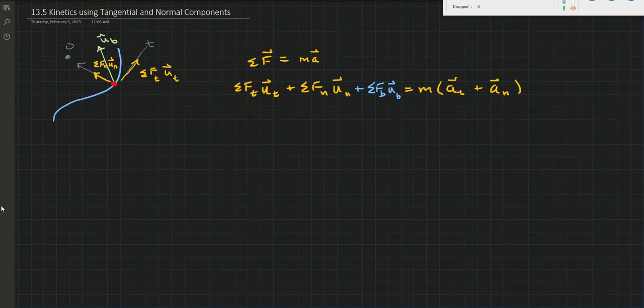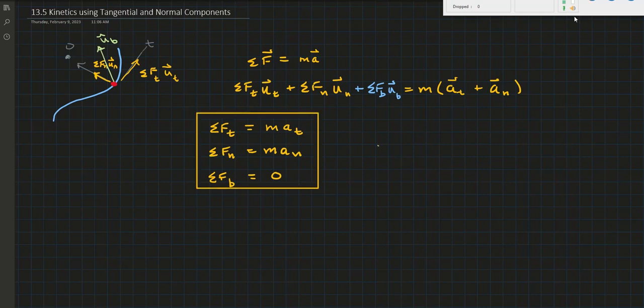Okay, so we of course can analyze these problems by summing forces in the tangential direction and setting them equal to mass times the acceleration component in the tangential direction, or summing forces in the normal direction equals mass times the acceleration magnitude in the normal direction, and we can sum our forces in the B direction, and we have no acceleration in that direction, so it equals 0.